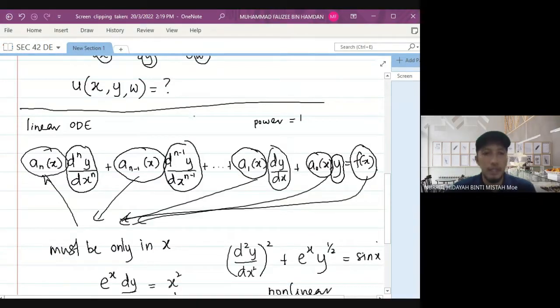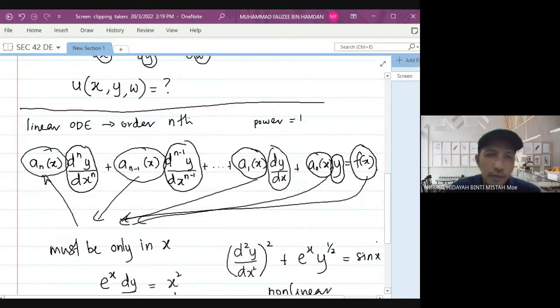Next is the order. So if you look at this linear ODE, if this is the standard form, this is a linear ODE with the order n.